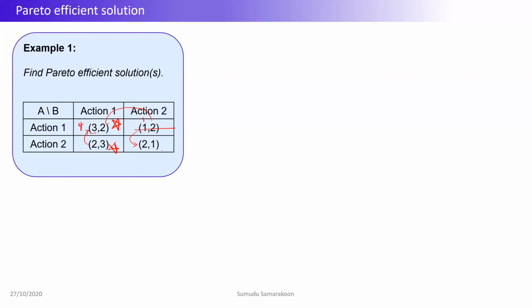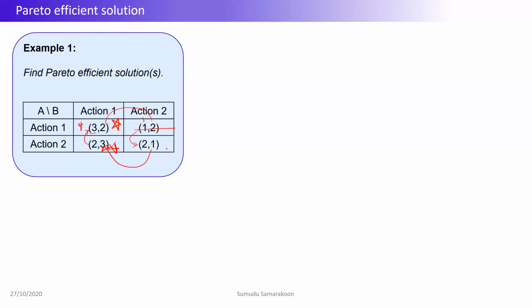And the last, let's go to this one. Of course, player A doesn't want to change his action. And here, for player B, if we change from action 2 to action 1, of course, we can see there's a gain, and player A is not going to suffer.